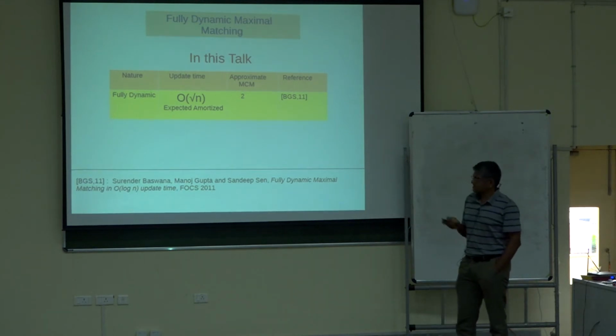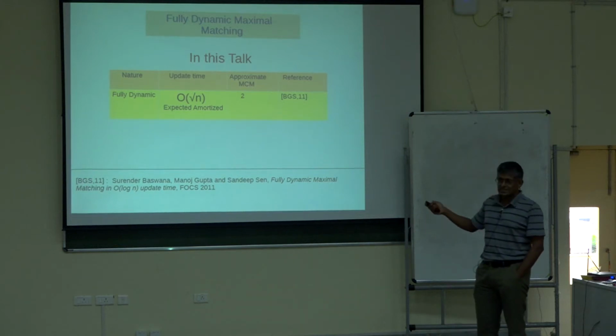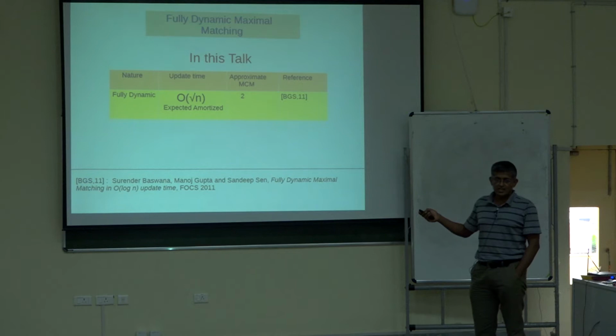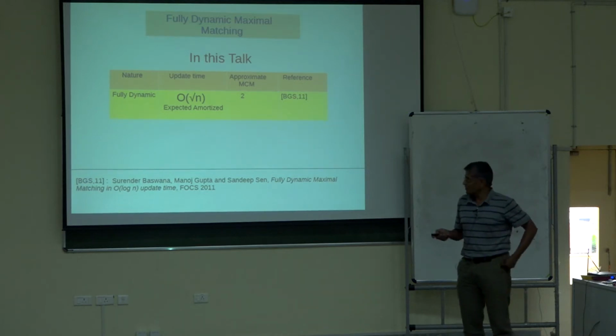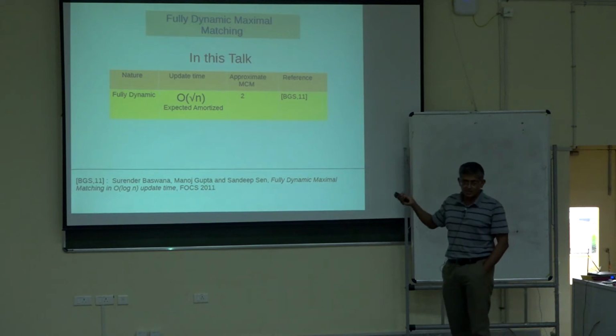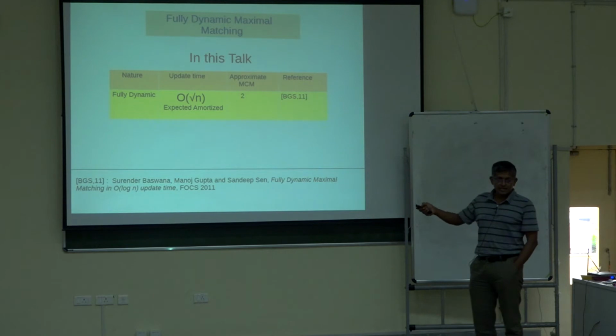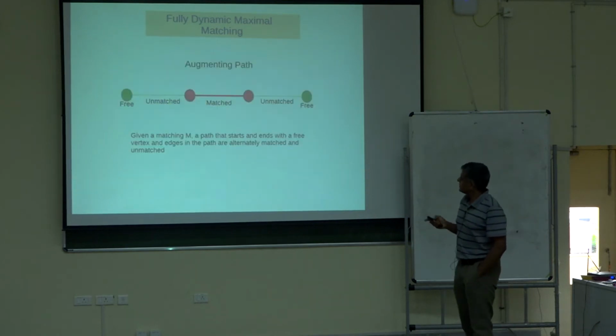It basically maintains a maximal matching. So I will present this algorithm and the analysis. I probably have an analysis which is different from the way it's presented in the paper, and I'll use the board to present it. Hopefully that analysis will show how to take this technique towards maintaining matchings without three-length augmenting paths.